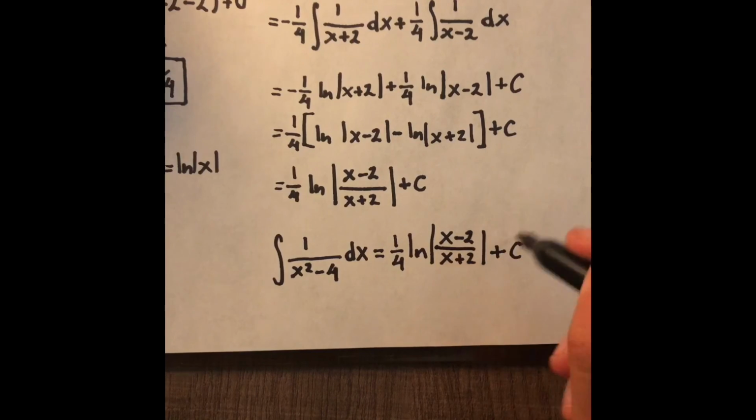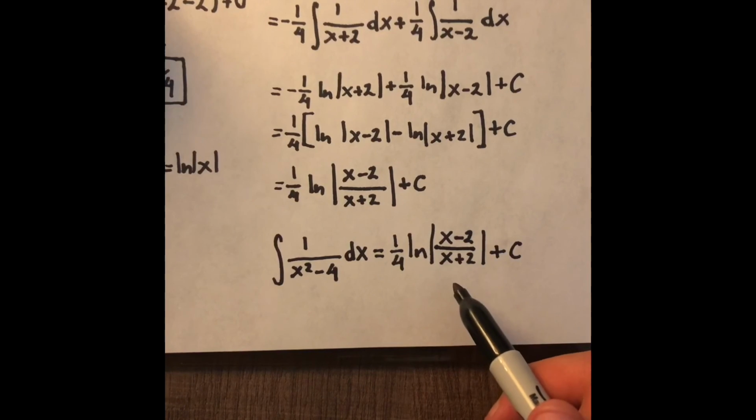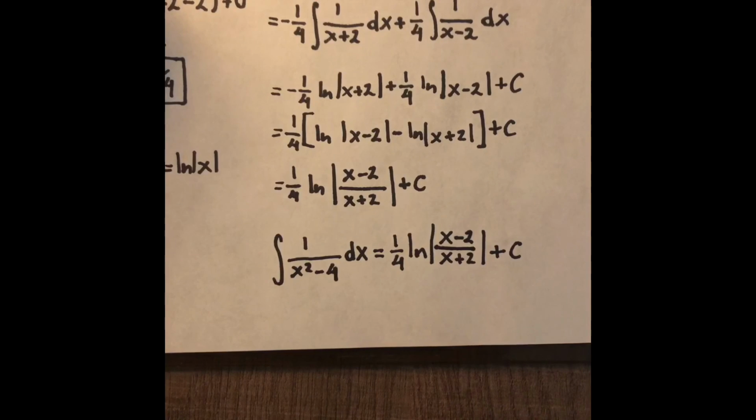So this is the final answer for this exercise. And as you can see, that was not the regular substitution method for integration. That was the partial fraction method. So that's a cool method to find the integral. So that's it.